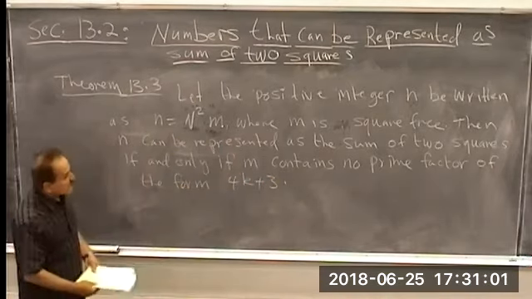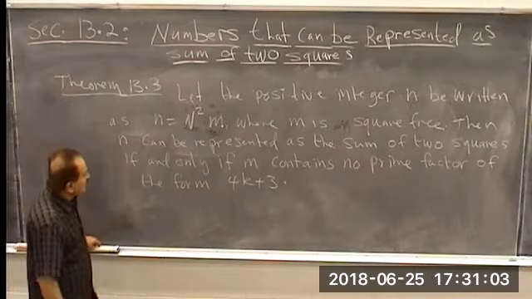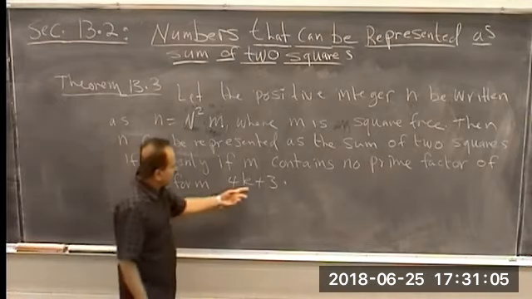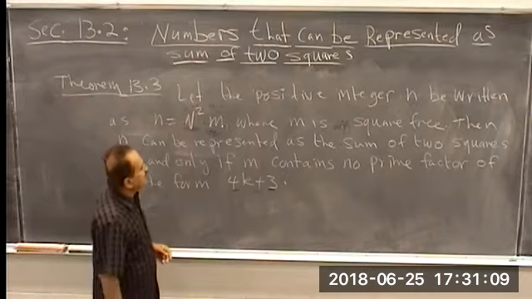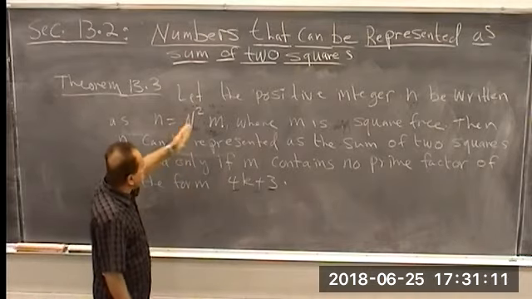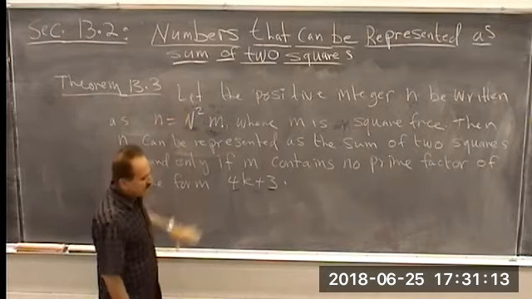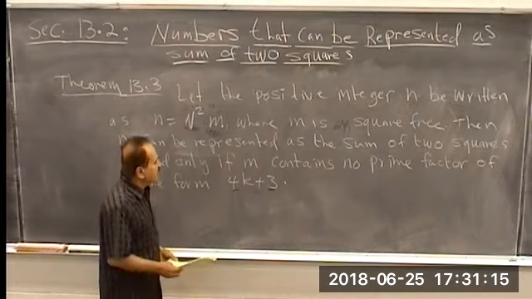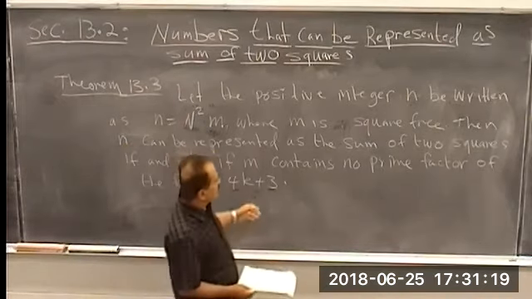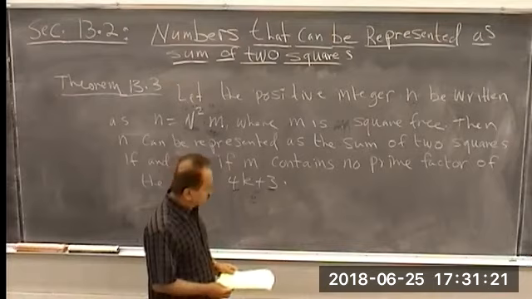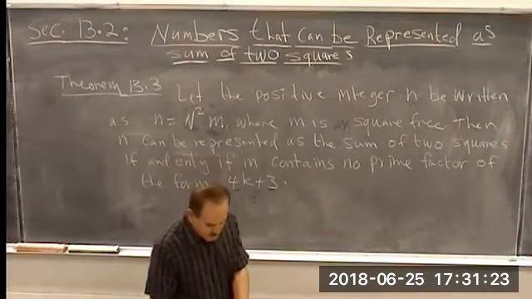So in other words, the prime factors of n of the form 4k plus 3 must appear with an even exponent. Sometimes, of course, maybe there's 4, 2, whatever it is. But that's really what it is. It cannot appear with a single or odd exponent.